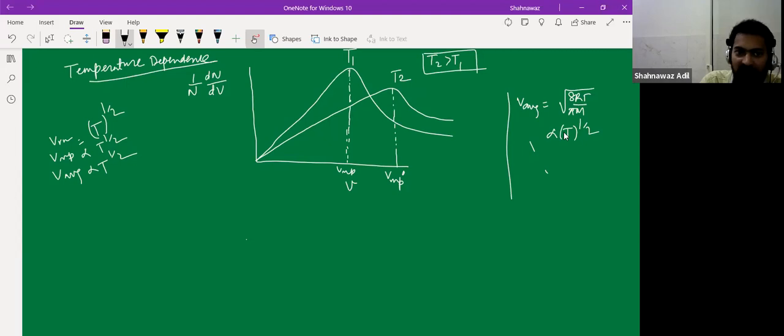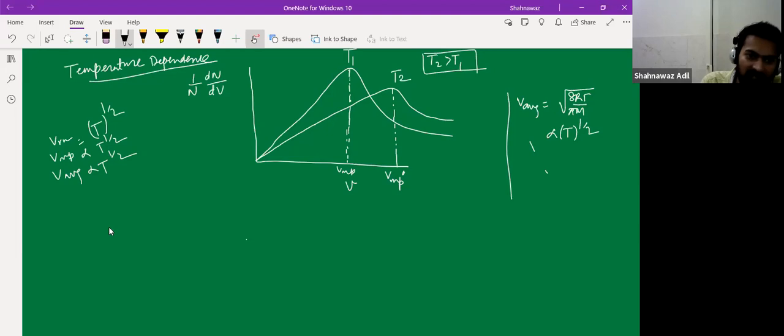You can see that it increases by root T, directly proportional to the square root of temperature, right? So this is the behavior when you increase the temperature: this peak point gets lower, but the velocities increase. This is what I wanted to say.